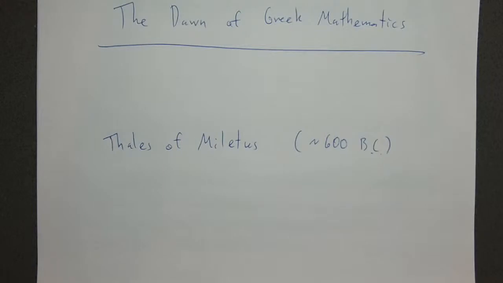There were Greek colonies and Greek city-states all over the Eastern Mediterranean, all over Italy as well. So when we say Greek, we are talking about all of those things. Also later, there's the Greek city of Alexandria in Egypt, where basically the tail end of Greek mathematics all occurred.